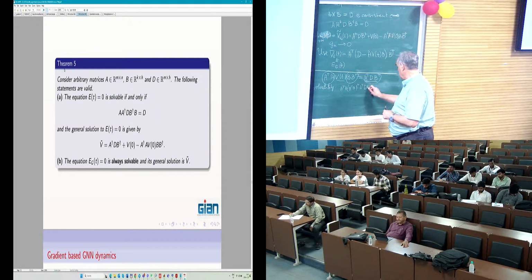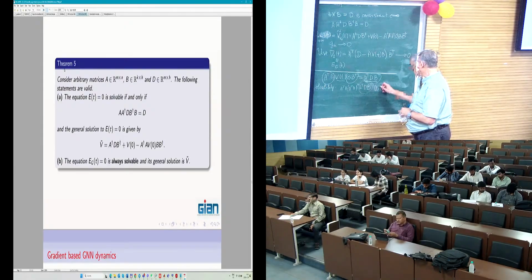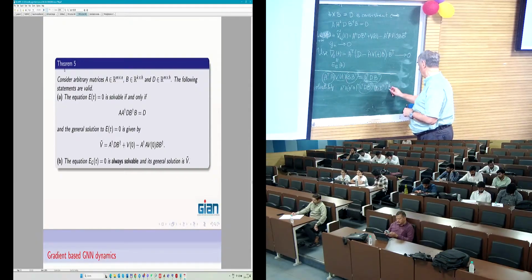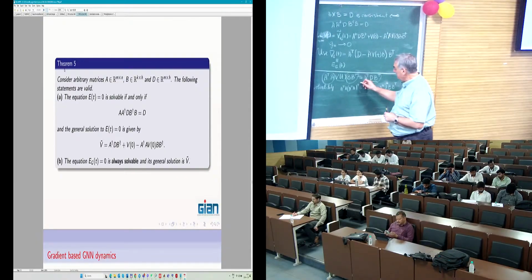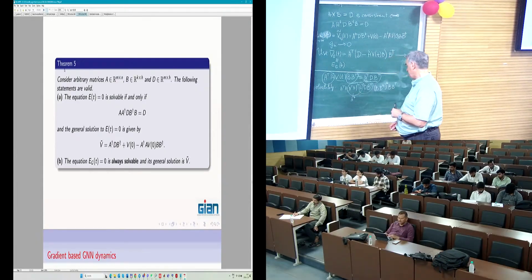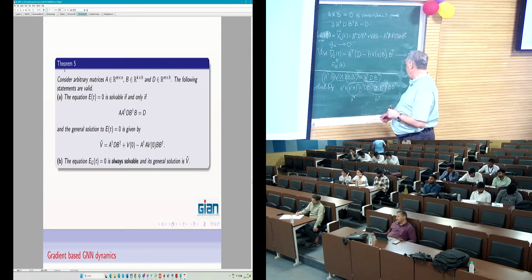B transpose here looks like a Moore-Penrose inverse, B dagger B. Now we can apply the elementary property that A dagger is equal to B dagger transpose.